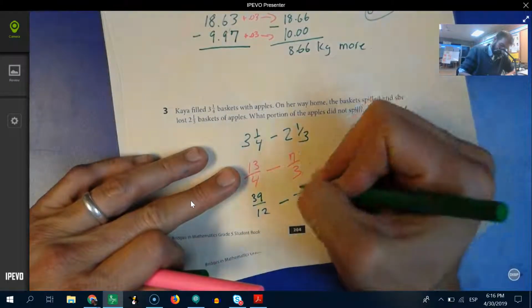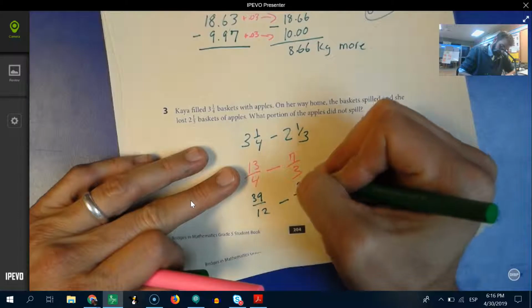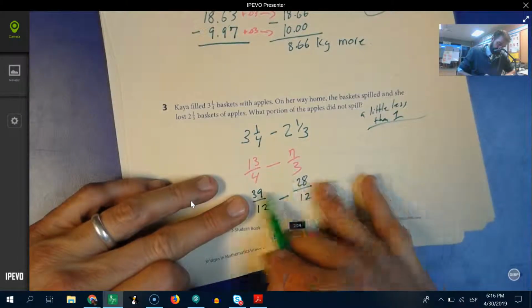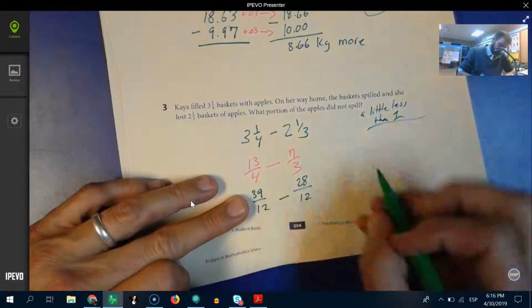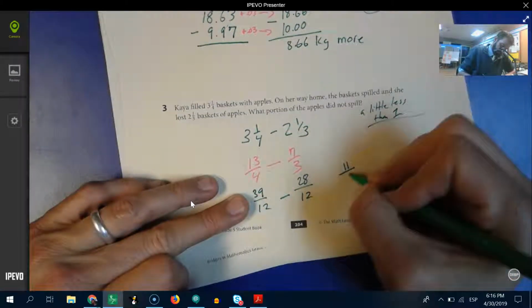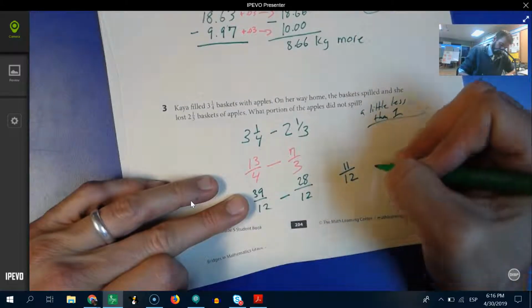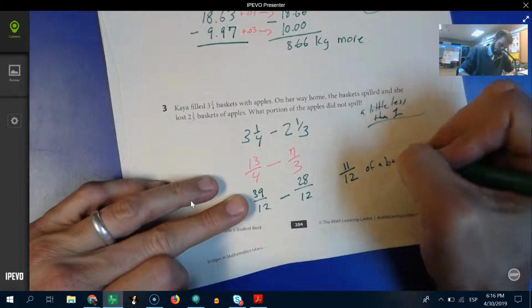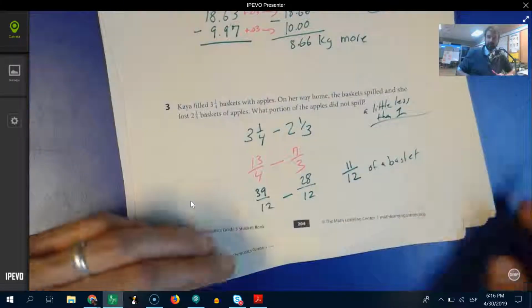I multiply by 4 here. So then I have 39 twelfths minus 28 twelfths, which gives me 11 twelfths of a basket, which is a little less than 1. All right, good.